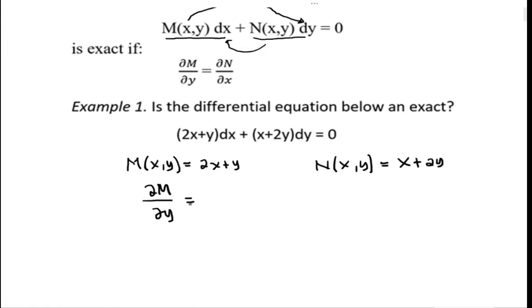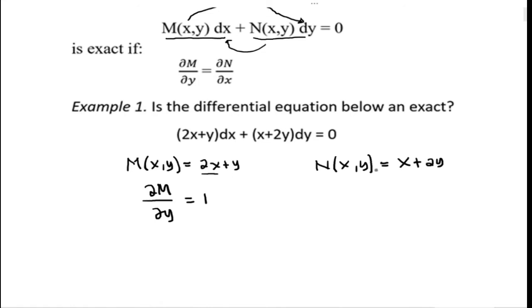That means we take note only that y is a variable and the other variable x is assumed as constant. So the partial derivative of 2x is 0 because this is constant, as assumed. Then the partial derivative of y is 1.